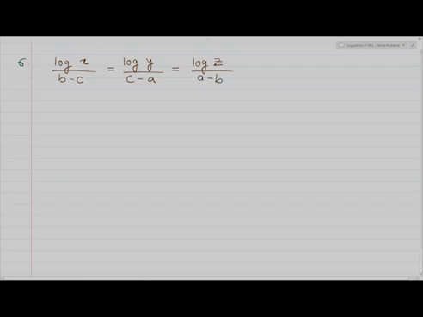If this relation is satisfied, then I need to show that x raised to b plus c, y raised to c plus a, and z raised to a plus b is equal to 1. How will I show this?